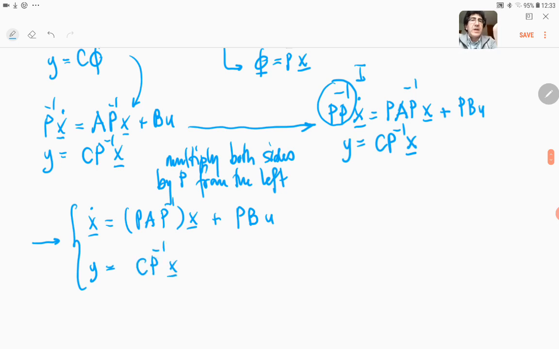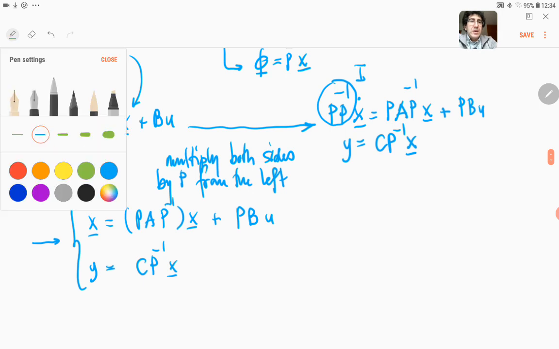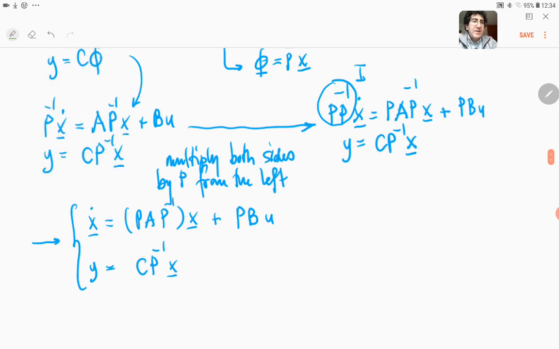Now here we basically have a new system with an A tilde matrix, a B tilde matrix and a C tilde matrix. So this is a new system, and we will assume that this is in controllable canonical form.